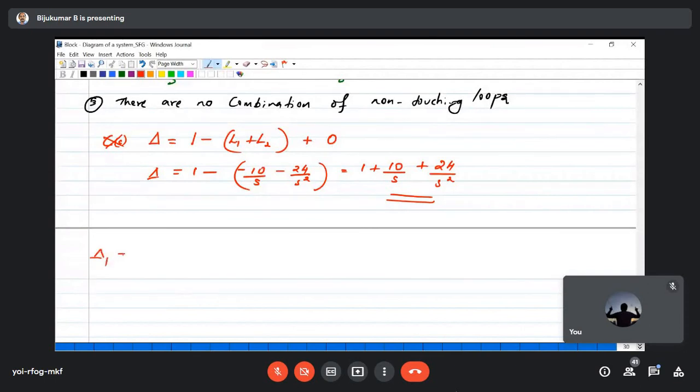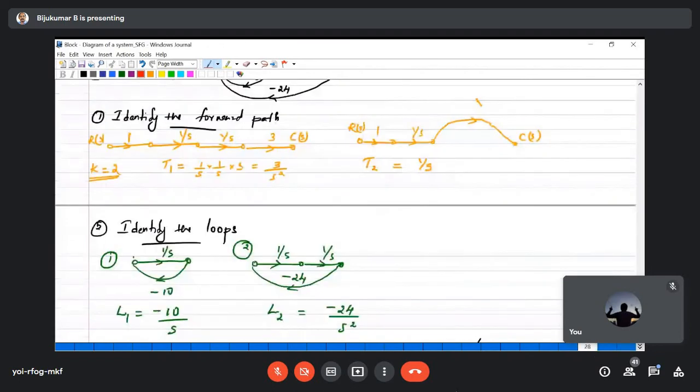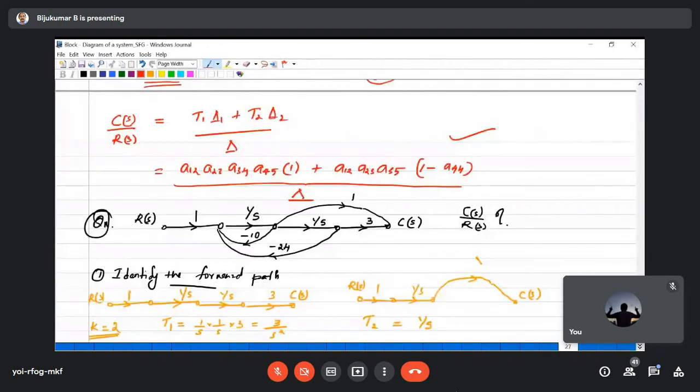Delta 1 is the value of the delta obtained by removing the loops which are not touching the forward path, right? So in this graph we are having only two loops.